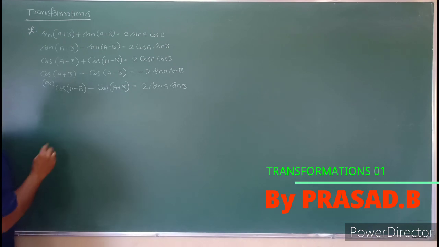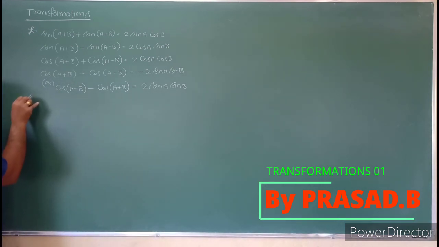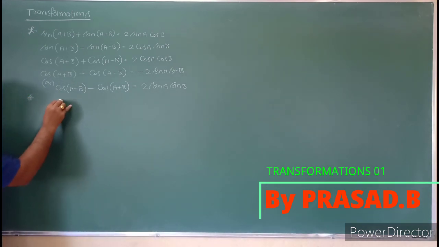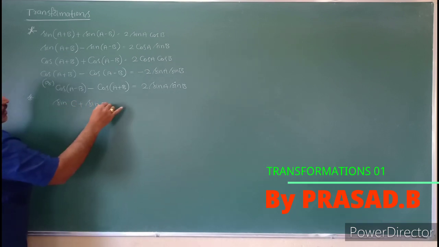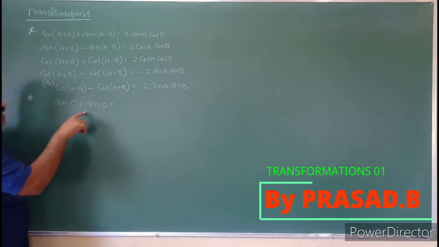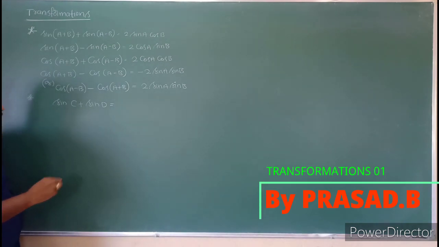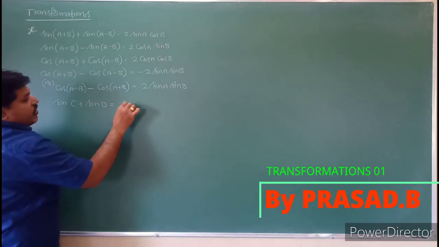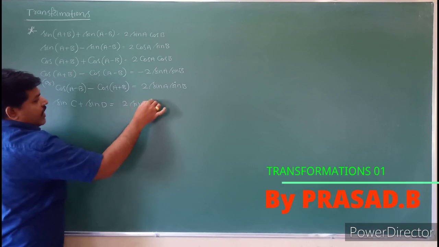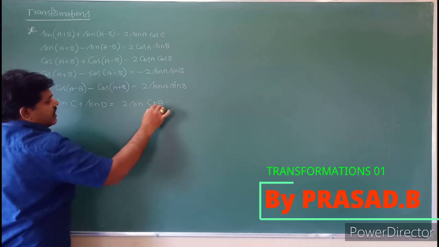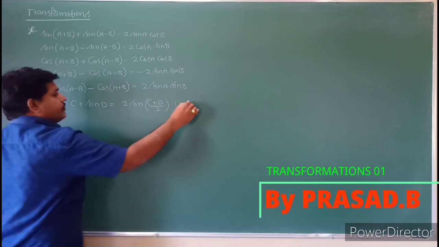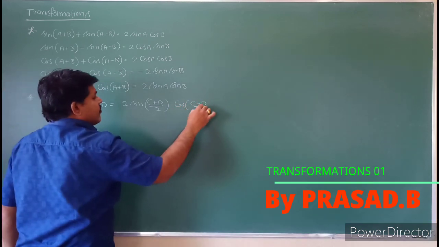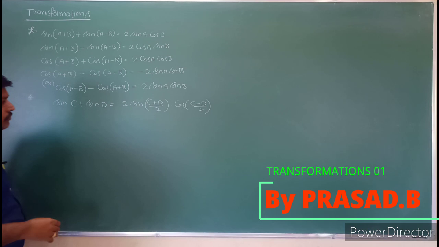Okay, and also see this one, students. sin c + sin d is equal to 2 sin((c+d)/2) cos((c-d)/2).